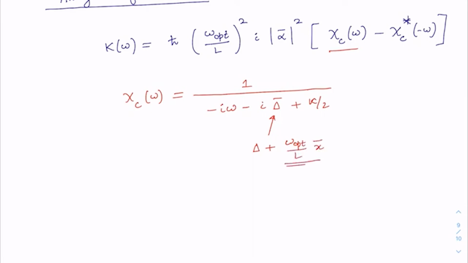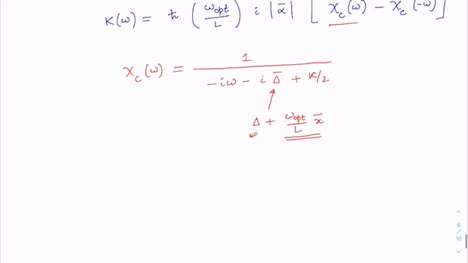This is a very small quantity, so in many cases we may assume delta bar to be nearly equal to delta only.